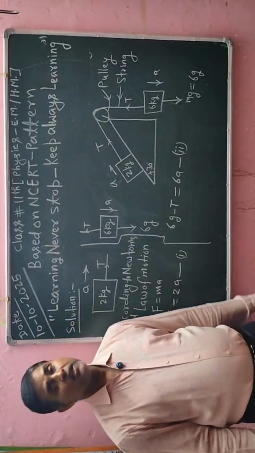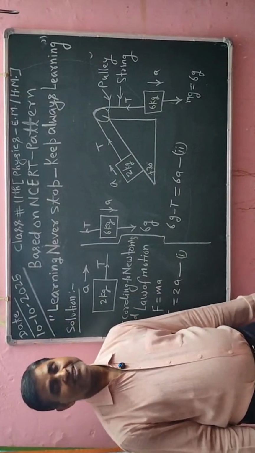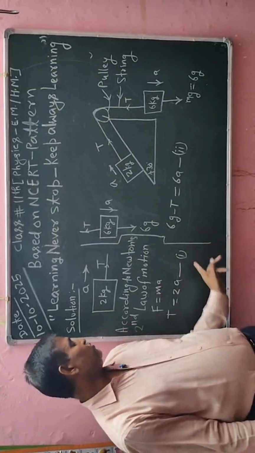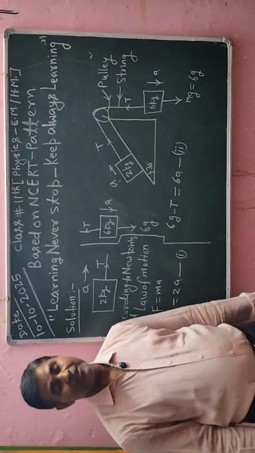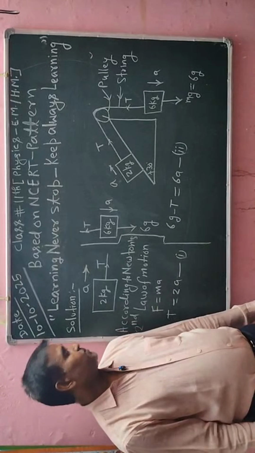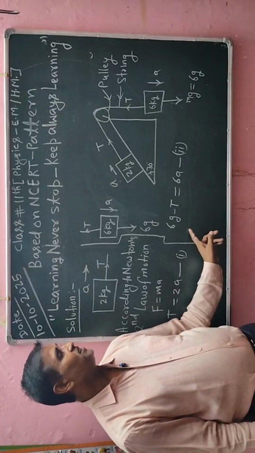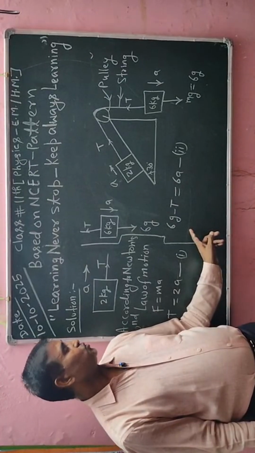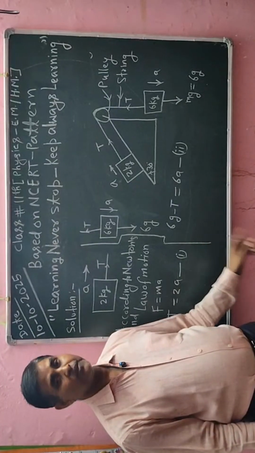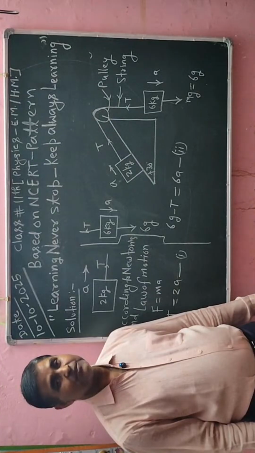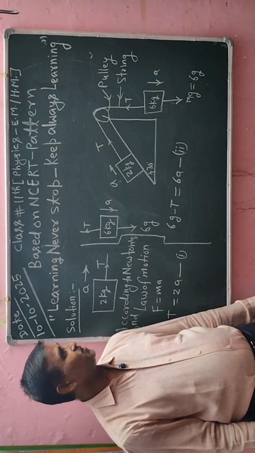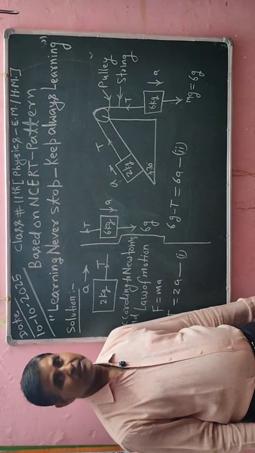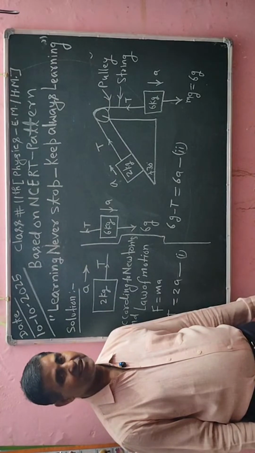There are two methods to calculate the value of a and T. One is the elimination method and the other is the substitution method. We can use any one of the two to get the value of a and also T. If the question mentions you have to apply only the substitution or elimination method, we have to follow that statement.